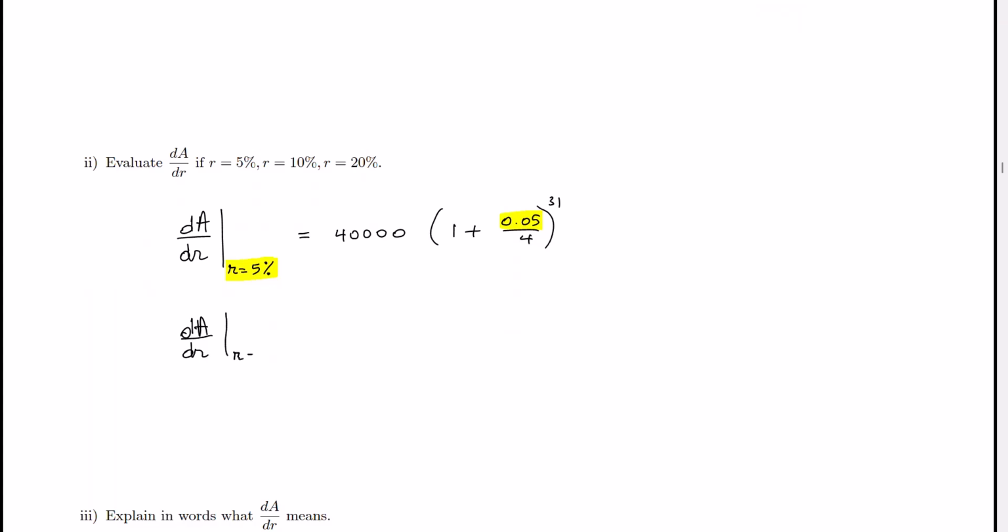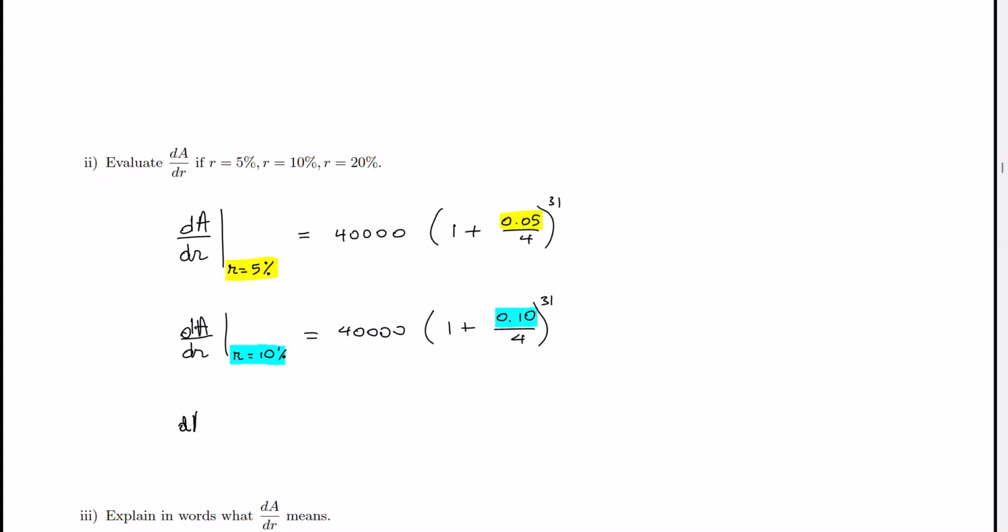In the same way, we're going to do the same thing for the 10% and again for the 20%. If I plug in 10% for the r, then I would get 40,000 times 1 plus 0.10 divided by 4 to the power of 31. What I did here is I replaced r, 10%, with 0.10.